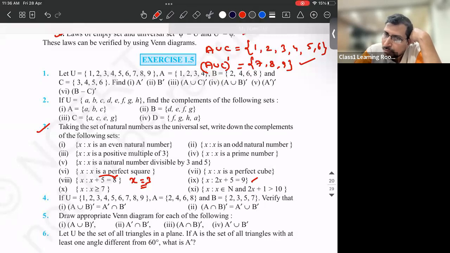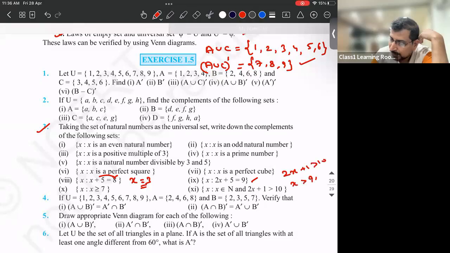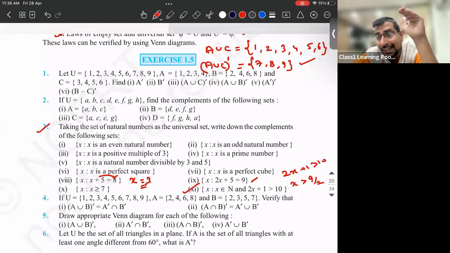Correct. X belongs to natural number and 2x plus 1 is greater than 10. So 2x plus 1 is greater than 10. X will be greater than 9 by 2. So according to this set, X should be a natural number and it should be a number greater than 9 by 2. So 9 by 2 is how much? 4.5.